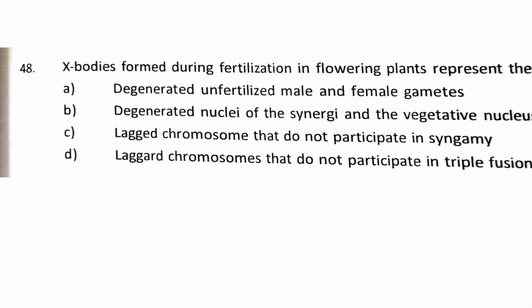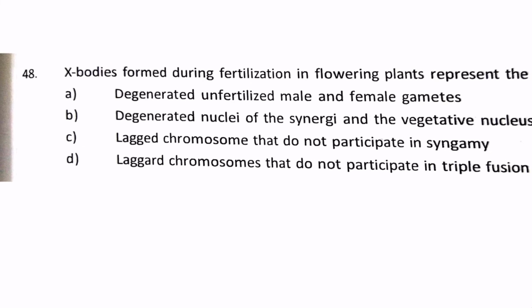Next question. It is again a difficult question, I mean, not so common. X bodies formed during fertilization in flowering plants represent the degenerated unfertilized male and female gametes? No. Degenerated nuclei of the synergid and the vegetative nucleus?